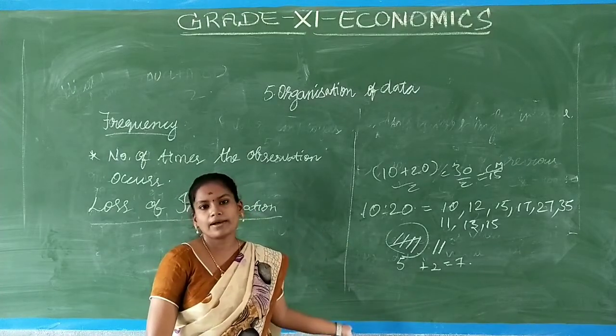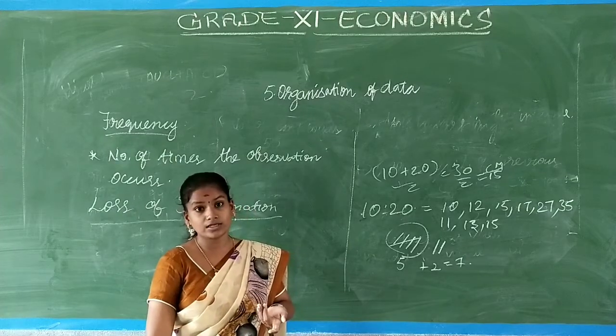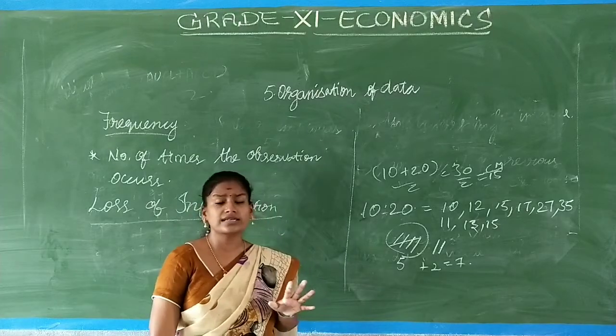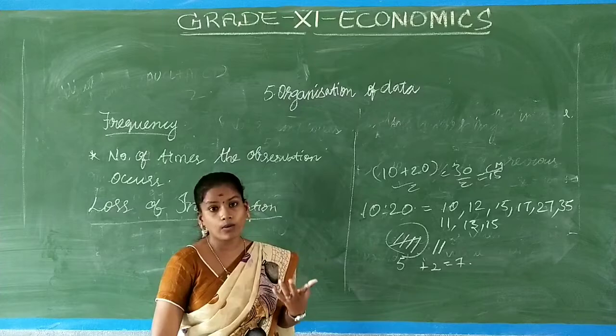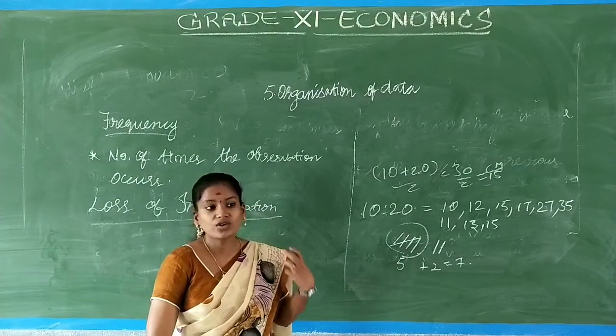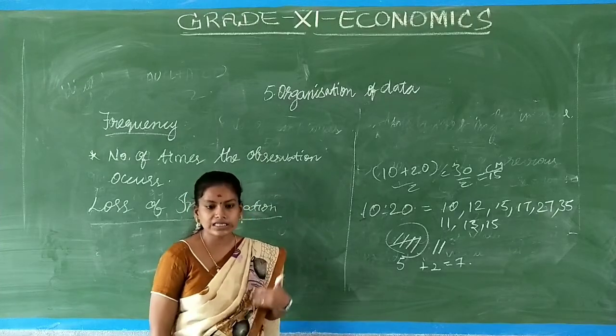You need to summarize the data, classify the data and prepare a frequency distribution, where loss of information, even though it is a demerit, you cannot avoid it. Otherwise, the raw data cannot be taken up for further analysis and study.